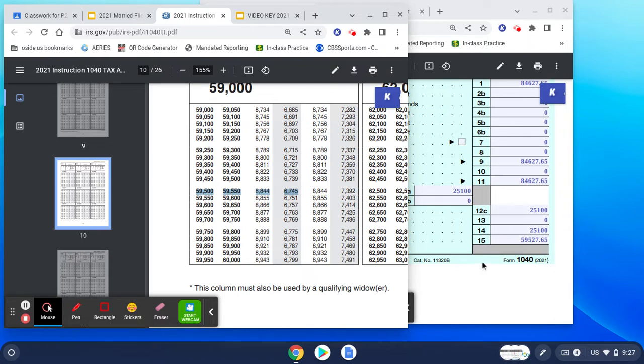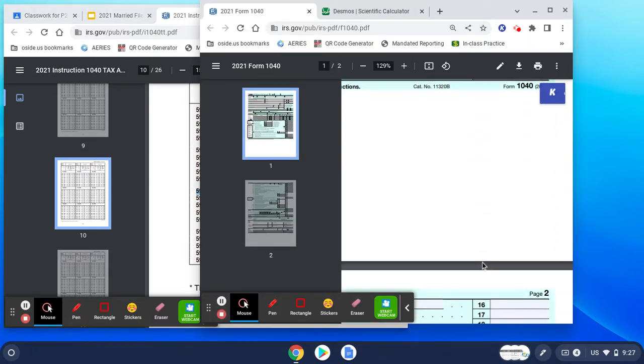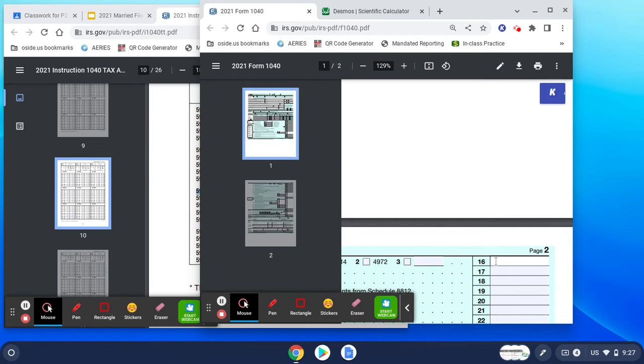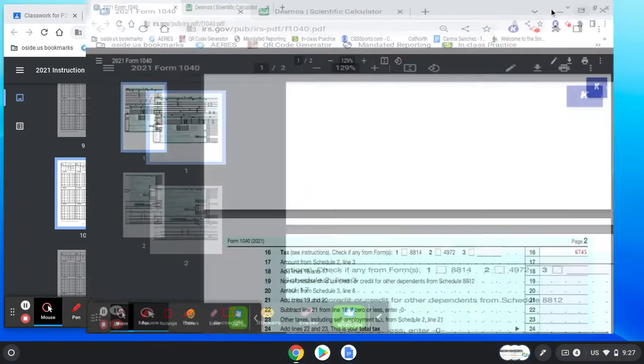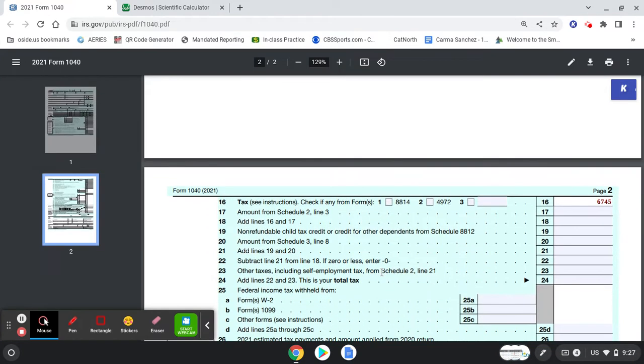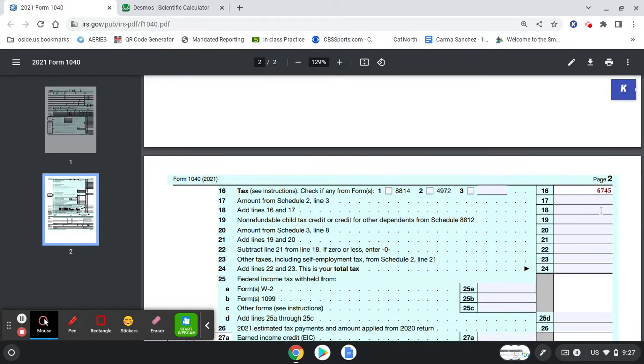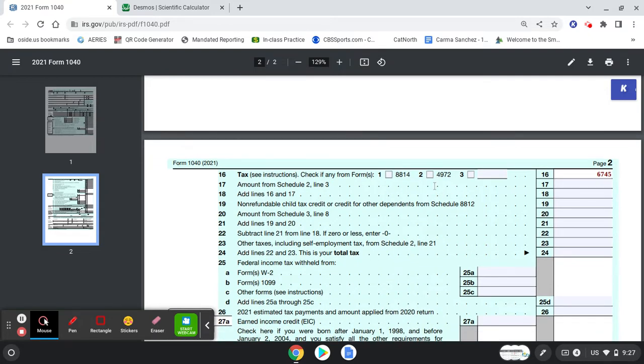So 6,745 is our tax amount. Okay, next. So this top number is probably the trickiest number to get because you have to look it up on the tax table. Add line... no Schedule 2. Add lines 16 and 17.